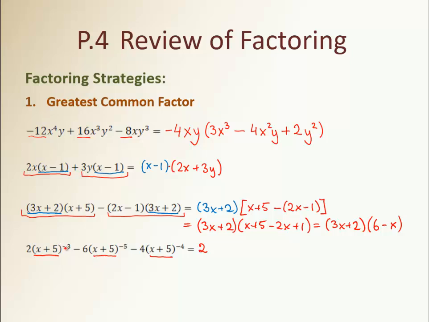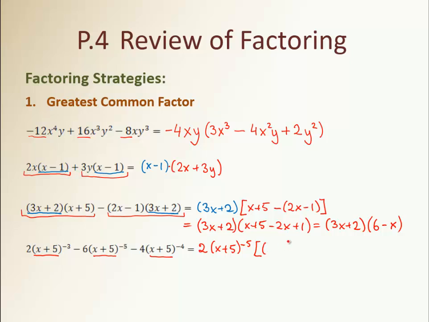So what's lowest out of negative 3, negative 5, and negative 4? Negative 5 is the lowest, so I'm going to take x plus 5 to the negative 5 outside. And what's left inside the remaining bracket? I don't have the 2. I had x plus 5 to the negative 3, and I took it to the negative 5.